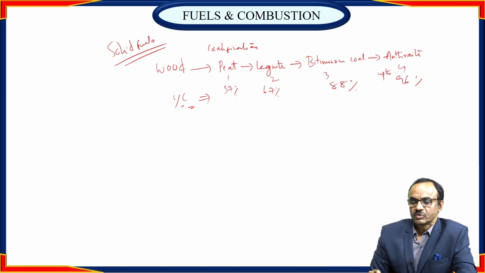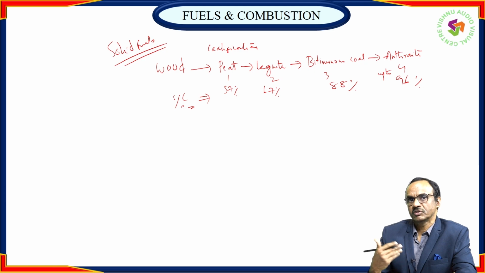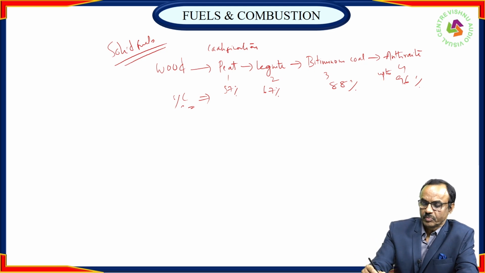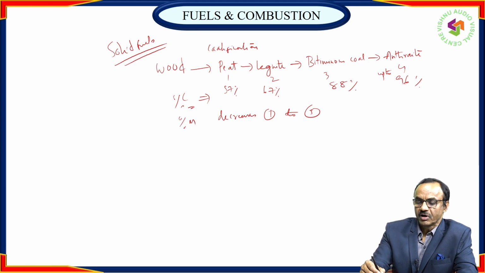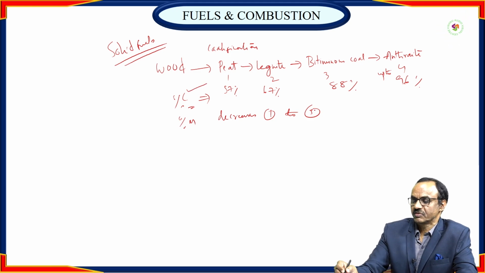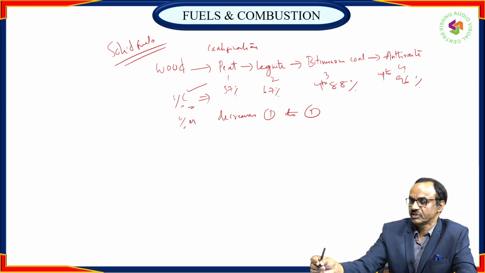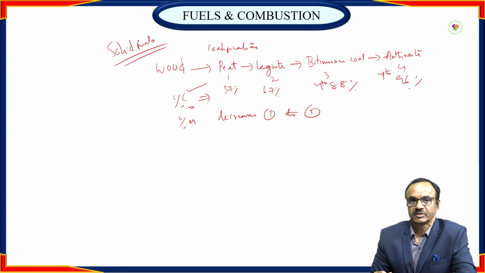Right. So as the moisture content decreases, the effective calorific value also increases, and the carbon content also increases. The percentage of moisture decreases from 1 to 5, while carbon content increases: 57, 67, up to 88%, up to 96%.